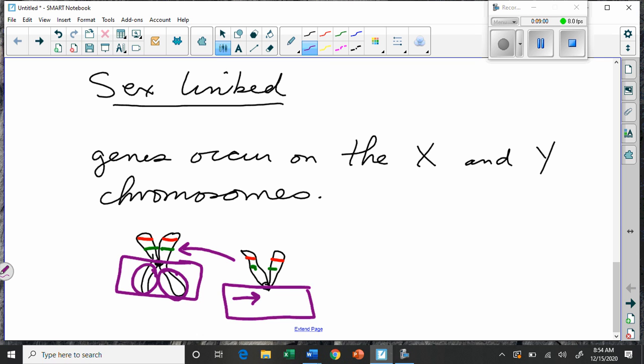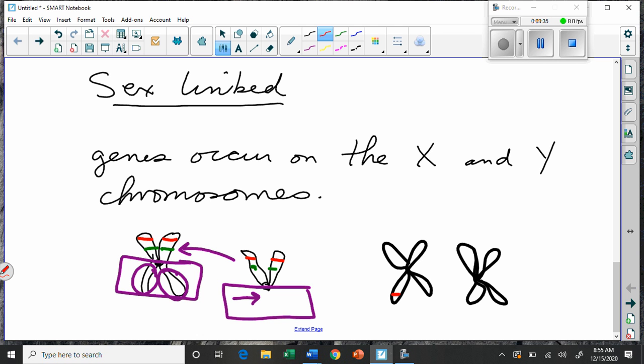So that means there's only one allele determining whether or not you have a condition. So you don't get the advantage you would if you are a female. Here's a female with her two X chromosomes. If you have a recessive allele here, and maybe that recessive allele is for some kind of serious condition, there are lots of sex-linked traits in humans, things like muscular dystrophy.